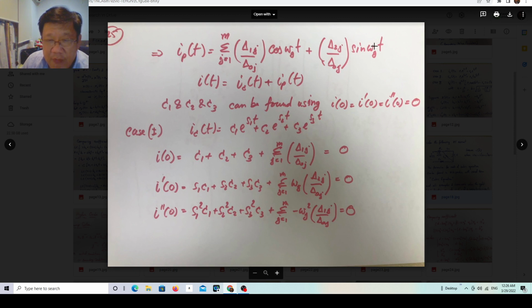But you need to add omega j here, because when you find the derivative of sine, you get cos, but you need to find the derivative inside the angle also, which gets the omega j. That's why you get omega j delta 2j over delta 0j.